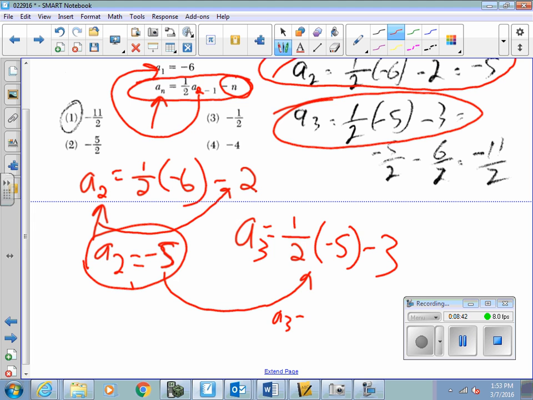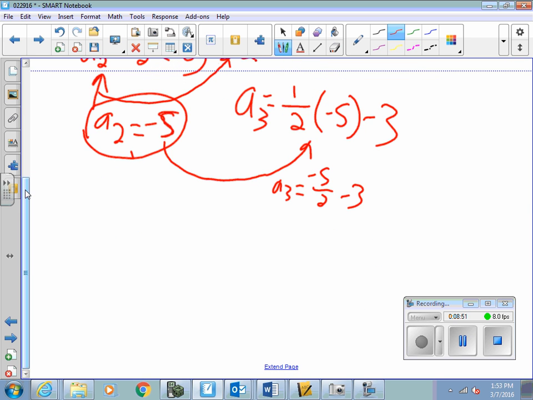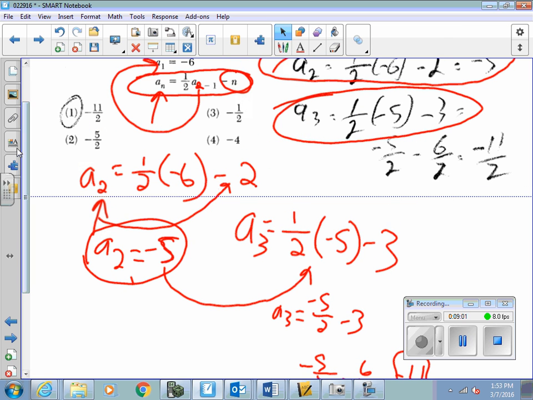So a sub 3 is equal to 1/2 times -5, which is -5 over 2, minus 3. Here's a little practice with fractions. It's going to be -5 over 2 minus 6 over 2, which equals -11 over 2. And that is the answer that they have.